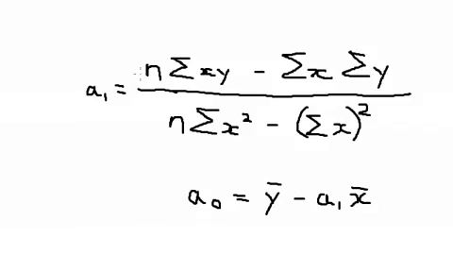n is the number of data we've got, so how many dots on the graph we've got.